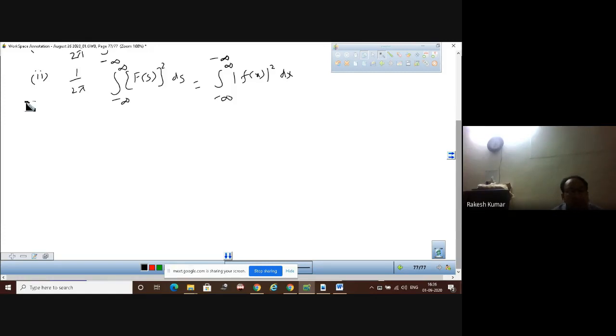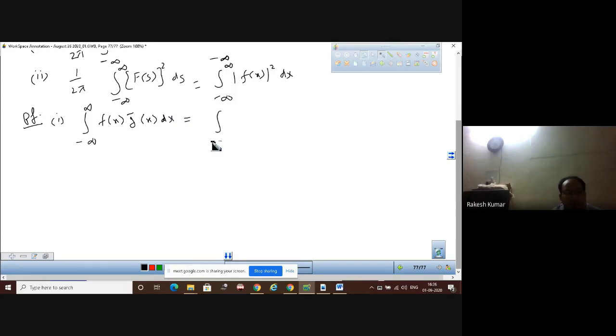Now in the proof we shall prove the first part, and the first part is integral from minus infinity to infinity of f of x g bar x dx. This is the left hand side.